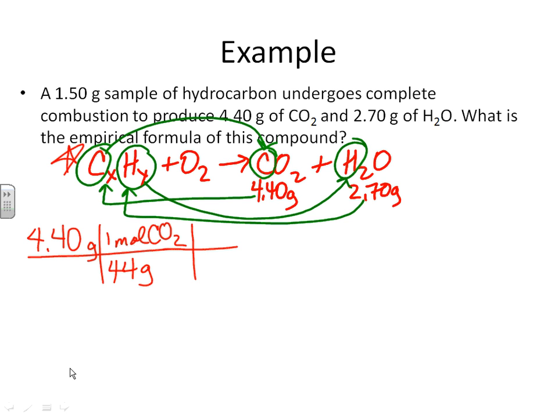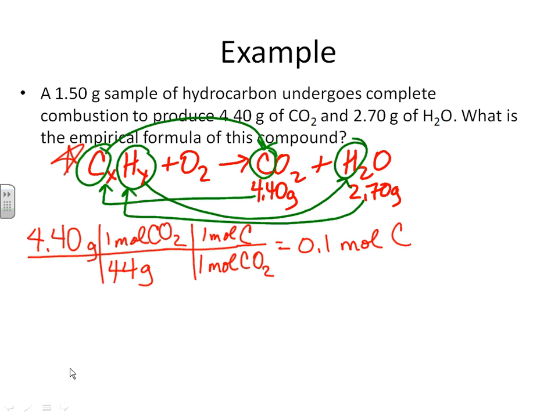So we need to look at the subscripts for carbon dioxide and say that for every 1 mole of carbon dioxide, we get 1 mole of carbon. That's coming directly from the subscripts. Because then we know that all of that carbon that's in that 4.4 grams of carbon dioxide, we've actually worked out how many moles of carbon we had to begin with on the reactant side. So doing this math out, we get 0.1 moles of carbon.